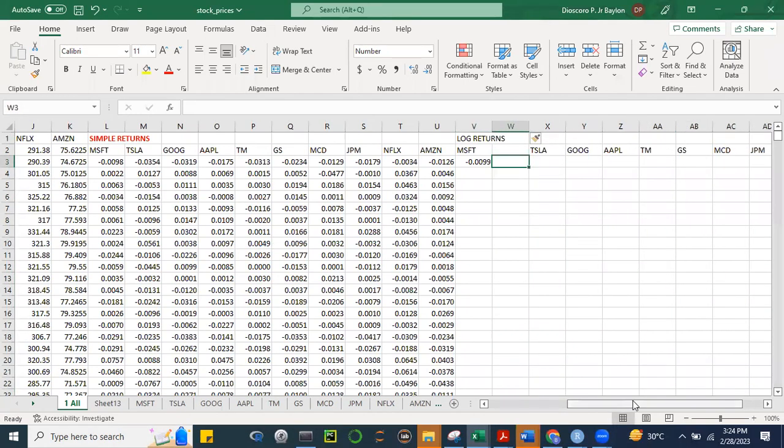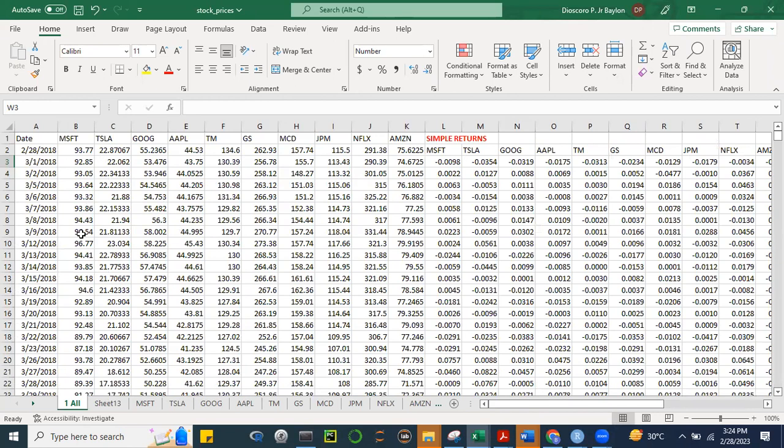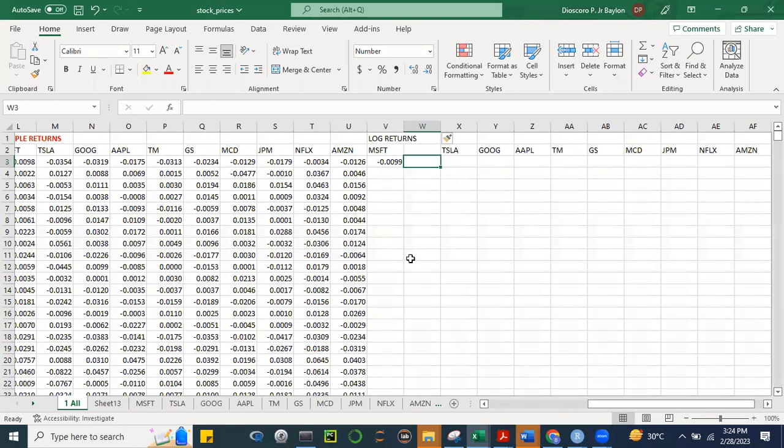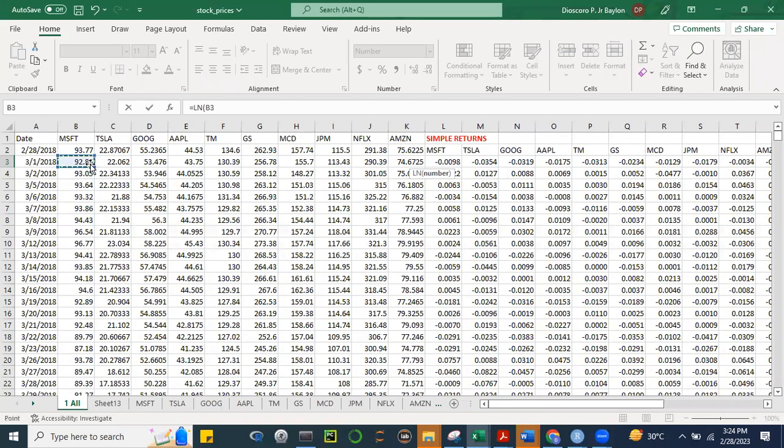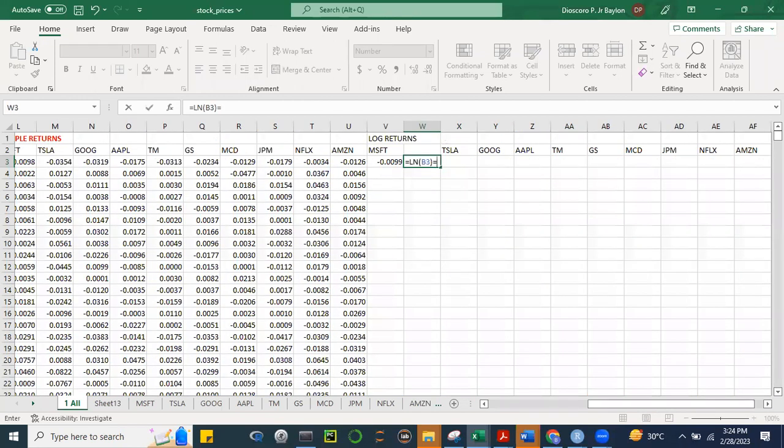And it's just the same as, okay, so let me just insert this one. It's just the same as getting the log of these prices muna. So let me just prove that: ln of price at time t, right? And then minus ln of b2. So this is the price at time t minus the price at time t minus 1. Okay, so if we get the difference of that, it's the same.